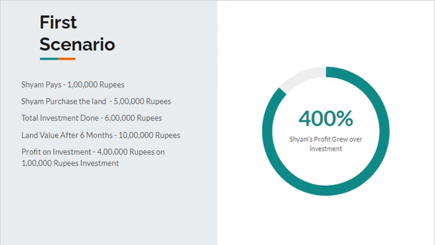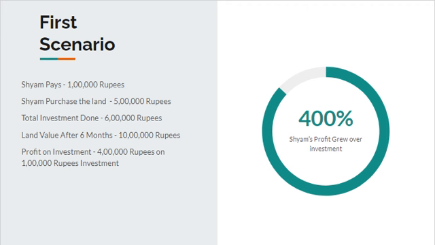So 10 lakh minus 6 lakhs is equal to 4 lakhs. So Shyam, the buyer, has a 4 lakh rupee profit, whereas the risk was 1 lakh rupees. So a 1:4 risk reward ratio, an ultimately beneficial ratio.